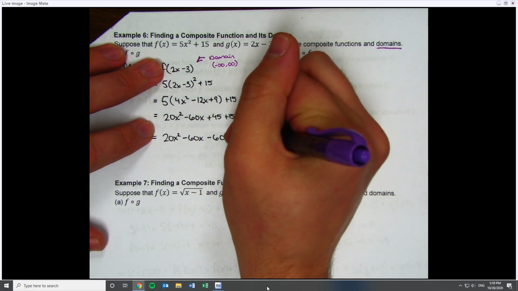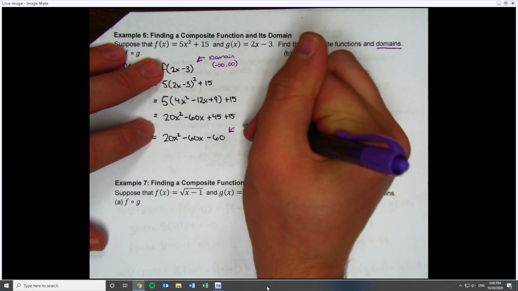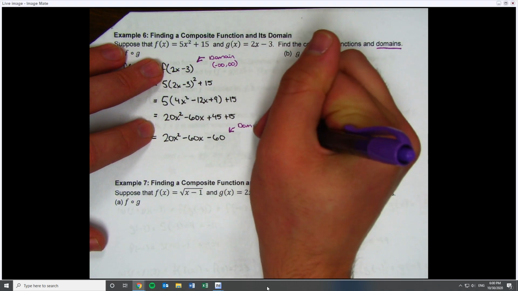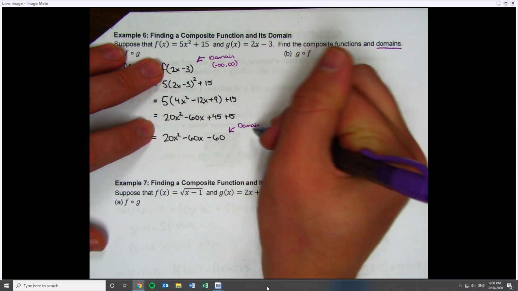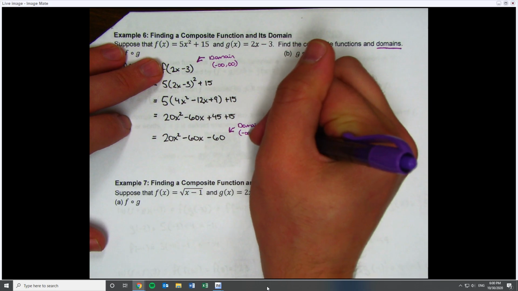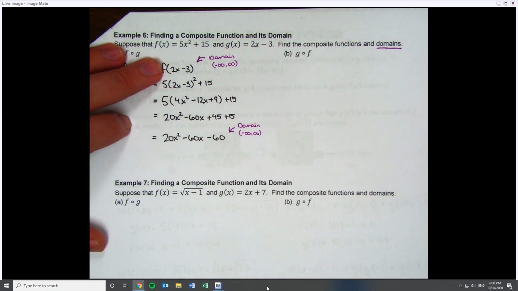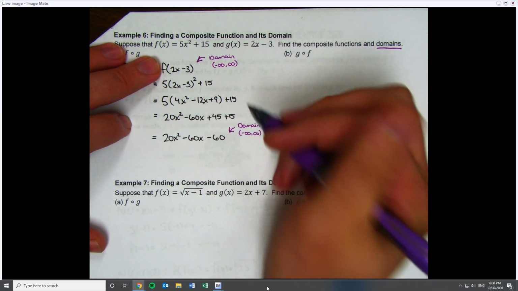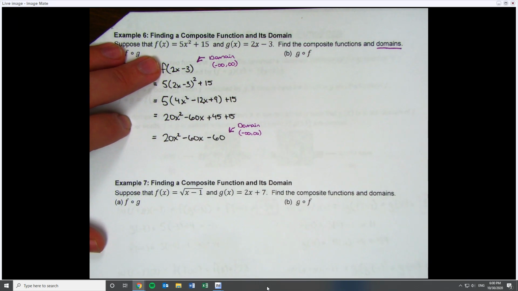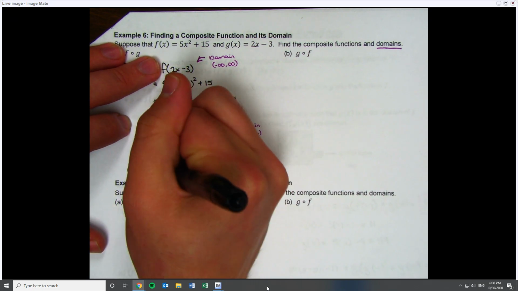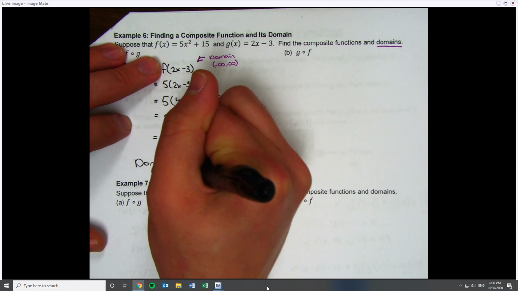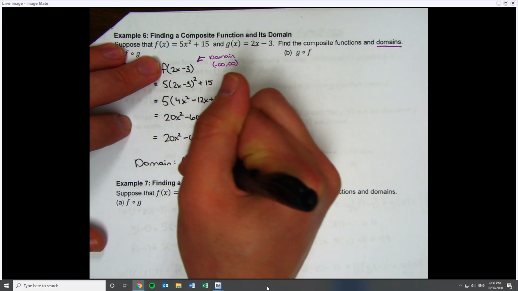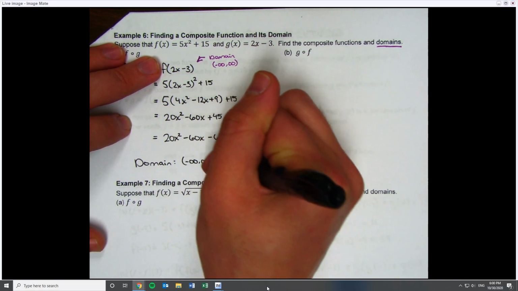Now looking at this one, the domain for my final one, I don't have any square roots. I don't have any fractions. It's negative infinity to positive infinity again. So these two match up. So my final domain for the entire function is negative infinity to positive infinity.